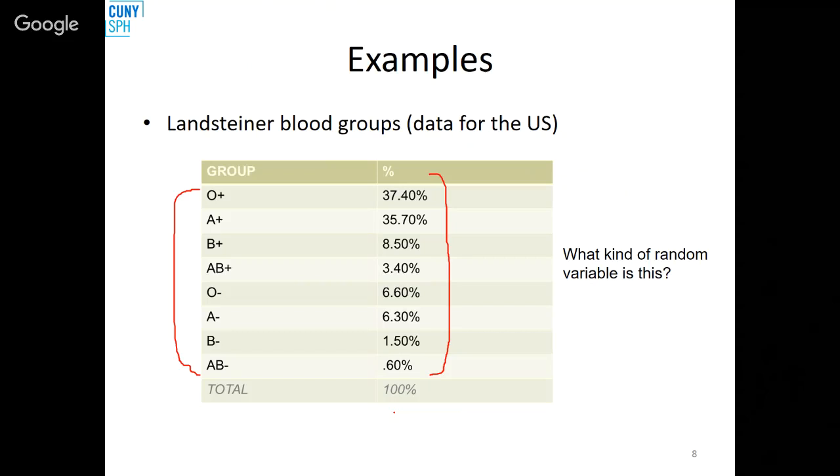There are no other blood types anywhere in the world, not just in the US, but regardless, if the probability of the events that you have adds up to 100%, then they are exhaustive.